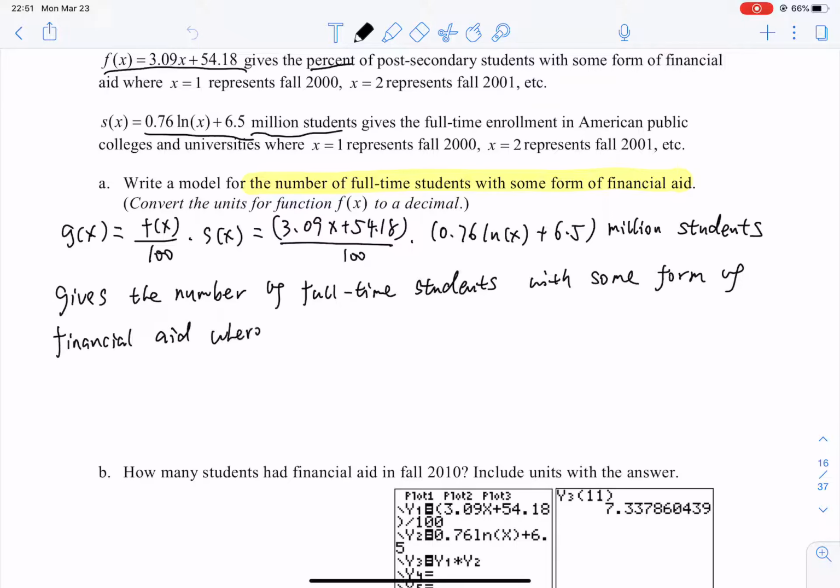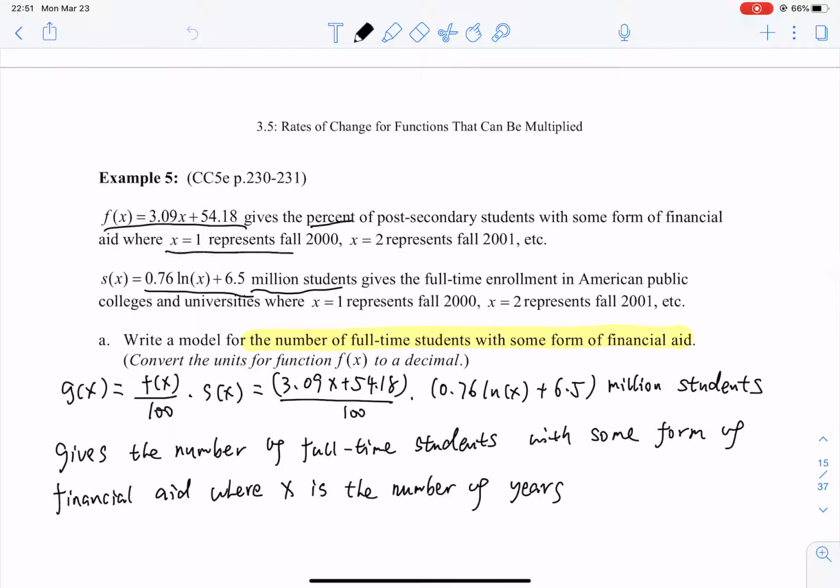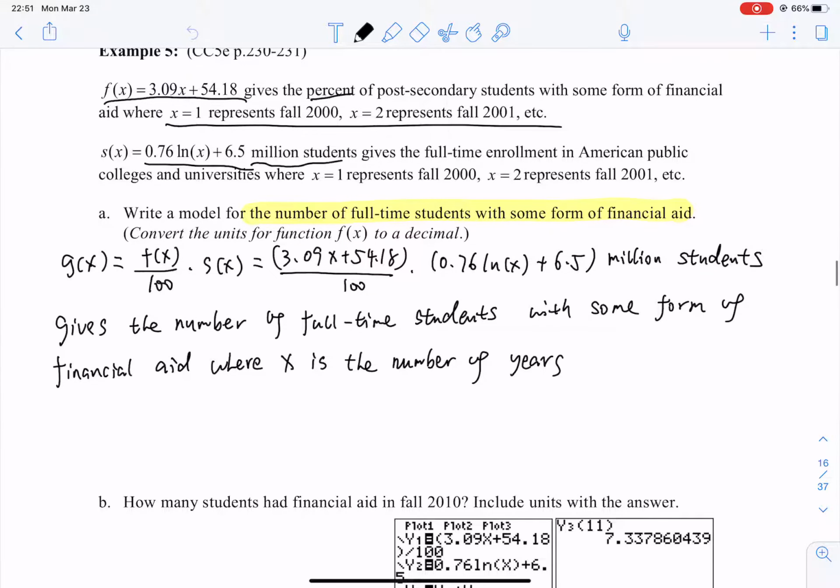And then we're not done because we talked about what is g of x. Next, we have to talk about what is x. Where x is just the number of years. So x is the same x. The number of years since the fall of 1999.